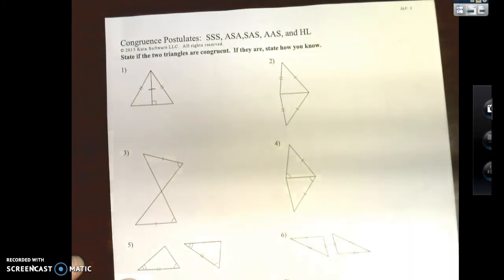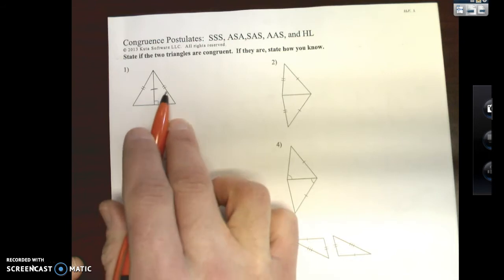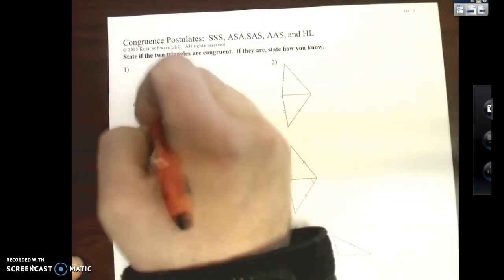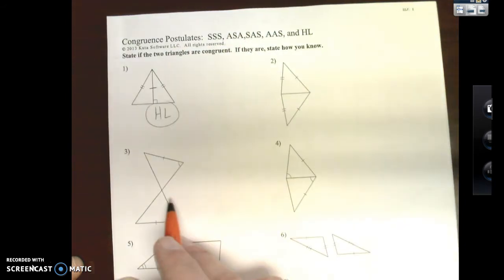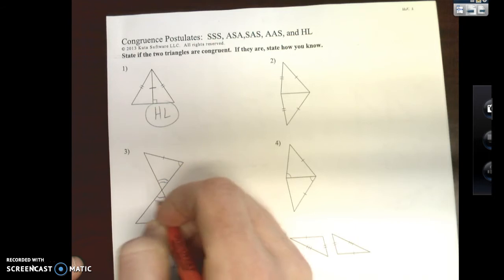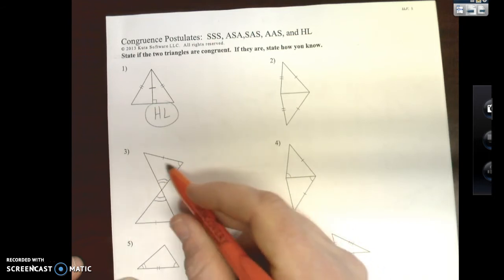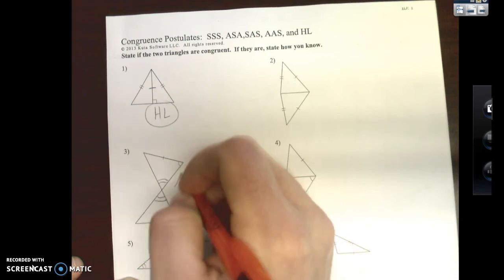Strangely enough, this is that new one we talked about: right triangle, the hypotenuses are congruent, and so is a leg. That's HL. The other thing I want you to be comfortable with is if I have triangles across from each other, these angles are going to be the same. So angle, angle, side: AAS.